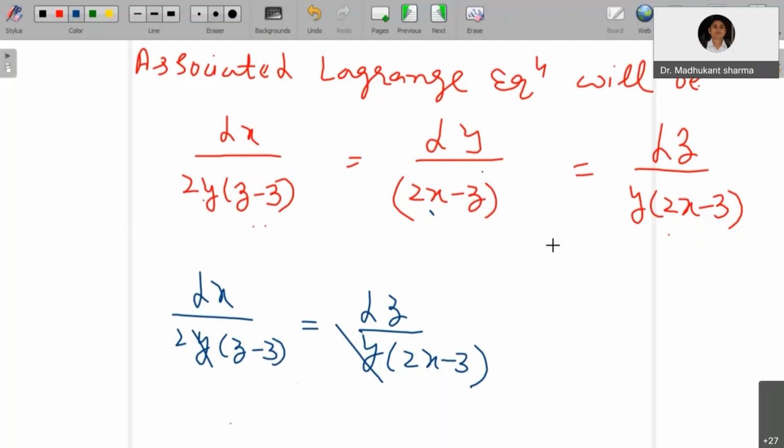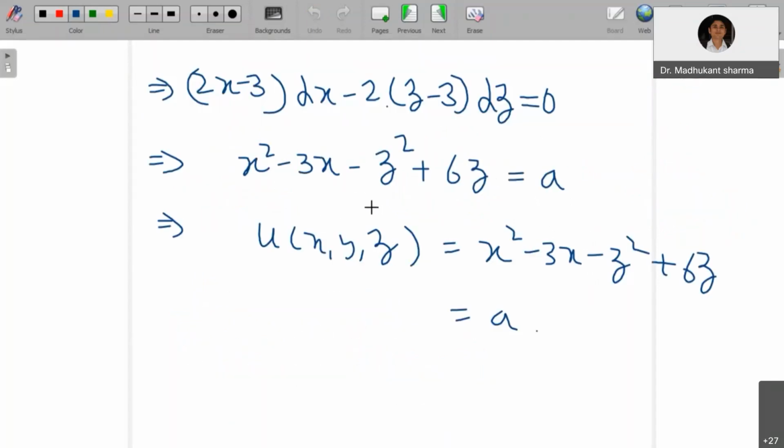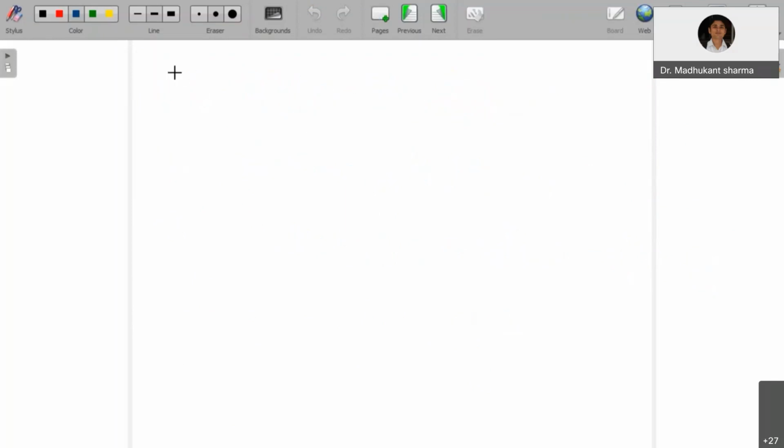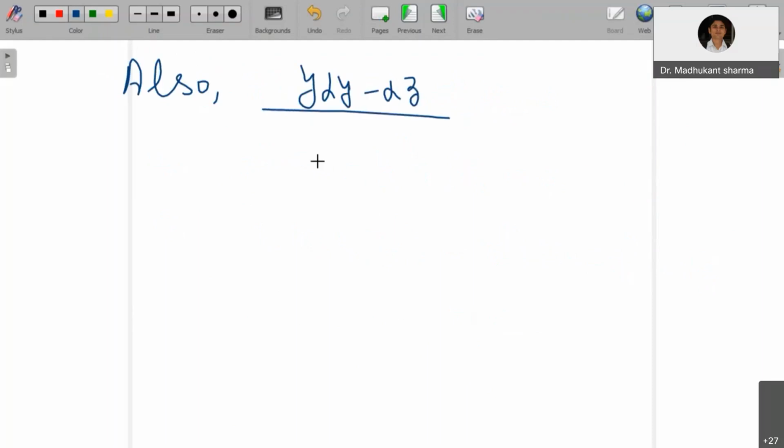You can use y dy plus dz. So if you try it, and also y dy minus dz, divided by y into 2x minus z minus, you had y into 2x minus 3, right?